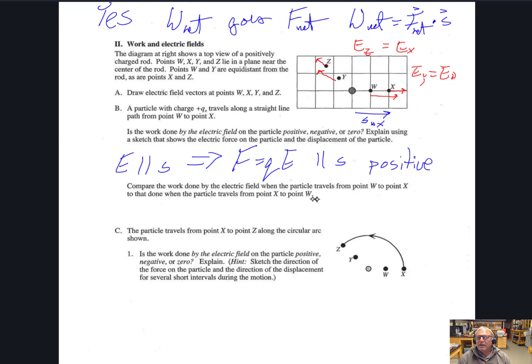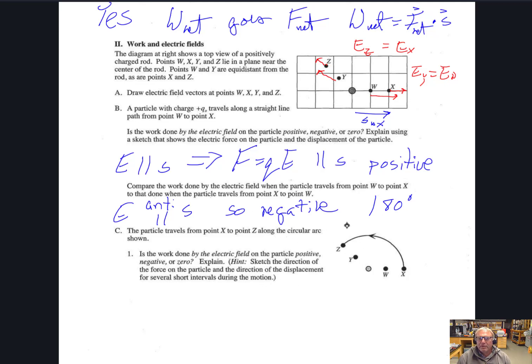It travels from X to W. Well, E is anti-parallel to S, so negative. Anti-parallel is 180 degrees.